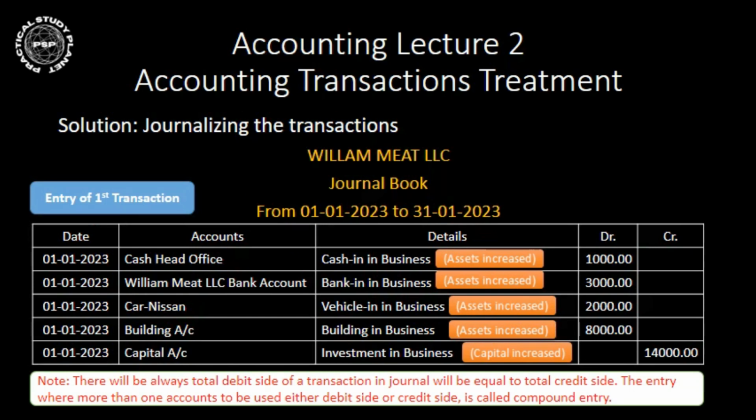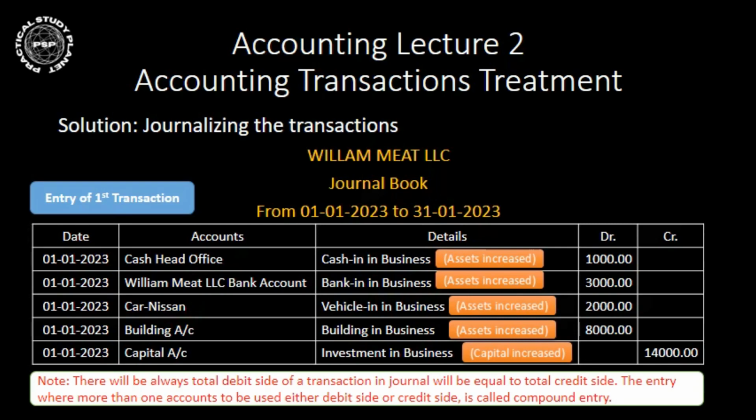The first transaction is that the business was started by Mr. William. We are going to pass the journal entries in Mr. William's book of accounts. So the format will be like this: date, accounts, details, and debit column and credit column. The first thing, we will write account-wise.